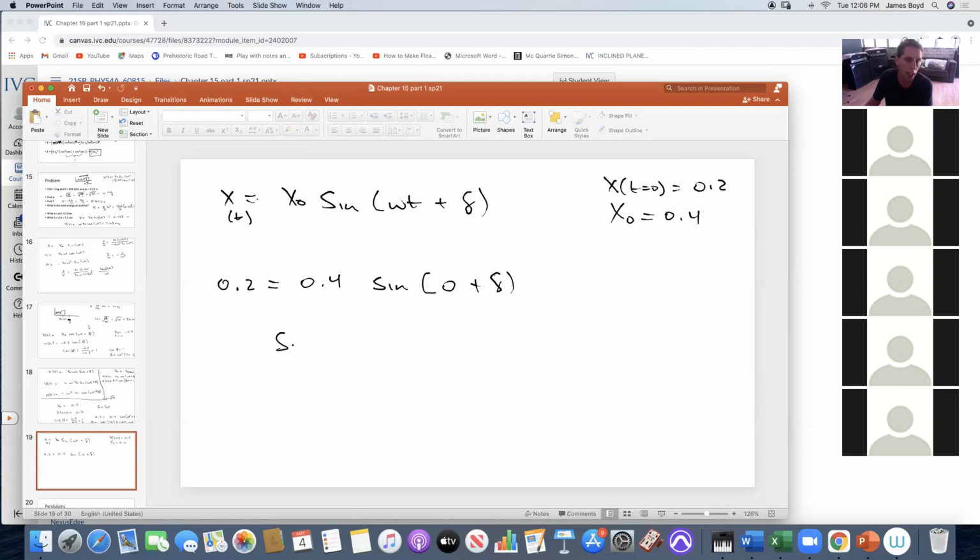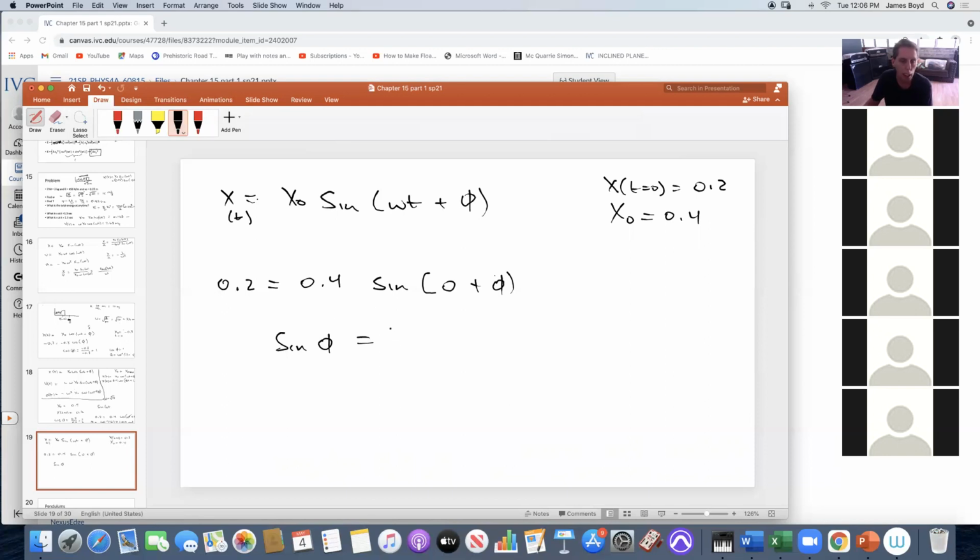Now I get sine of my phase is 0.2 over 0.4, which is 0.5. The angle is arc sine of 1/2, which is 0.524.